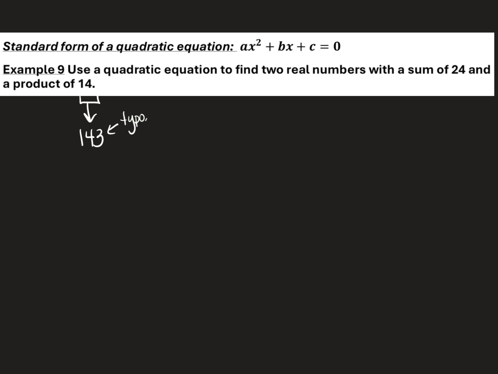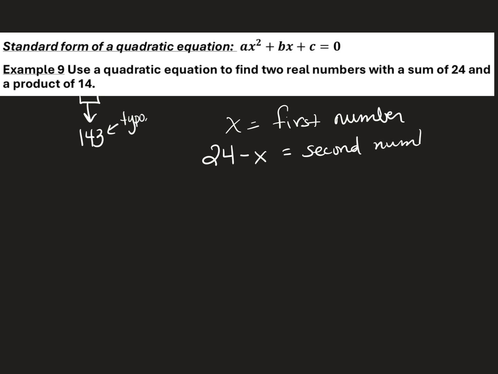Okay, so it wants me to use a quadratic equation to find two real numbers with the sum of 24 and a product of 143. So I'm going to start with x as the first number. If they have a sum of 24, then if I subtract one number from 24, that would be the second number.